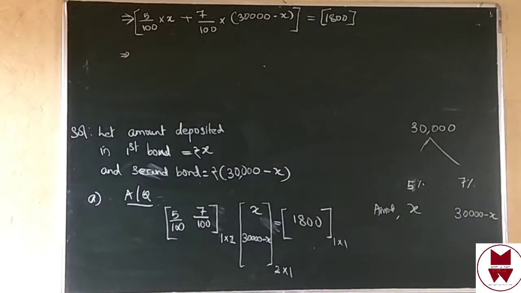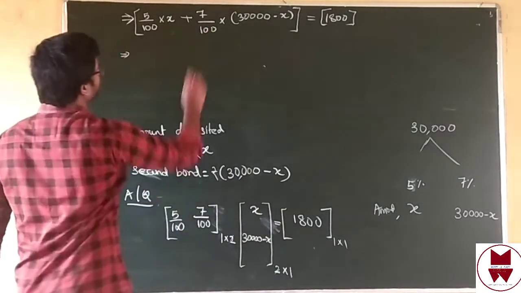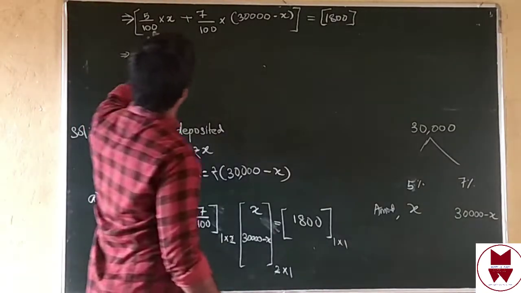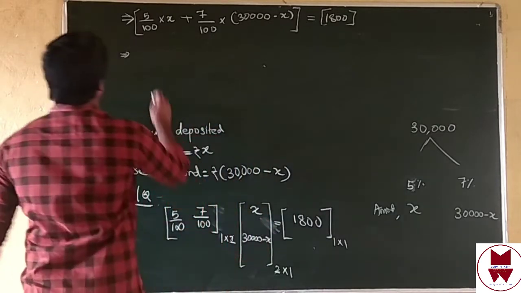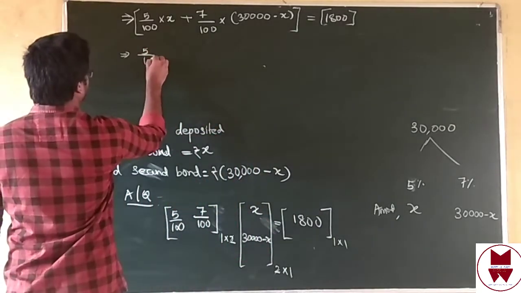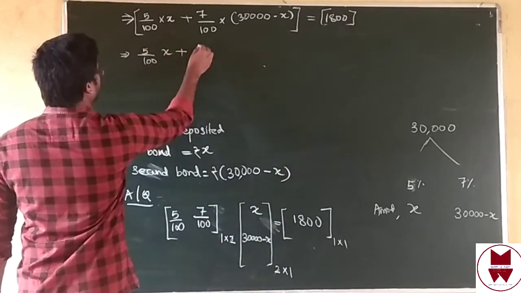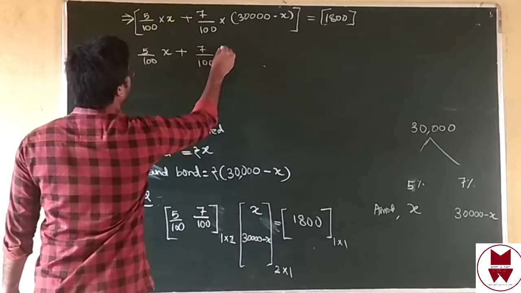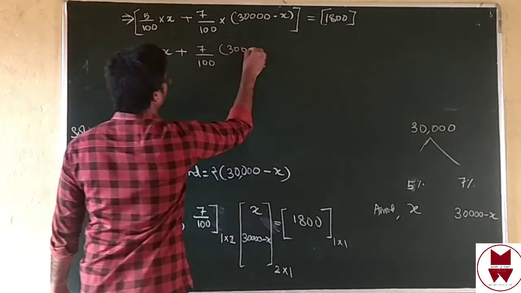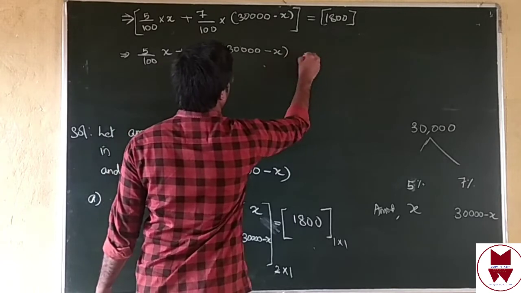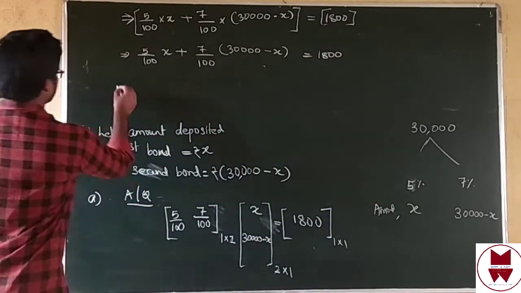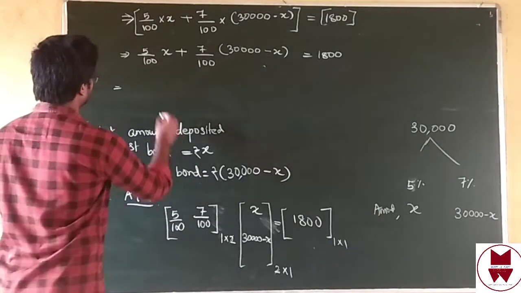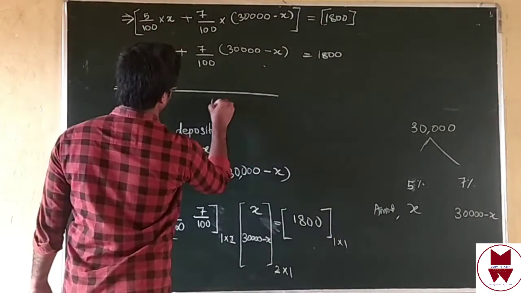Look, this is only one element, and here also one element. These two are equal, isn't it? That's why we can write 5 by 100 X plus 7 by 100 into 30,000 minus X. No need for matrix, just equate that element. Take LCM. LCM is 100, isn't it?